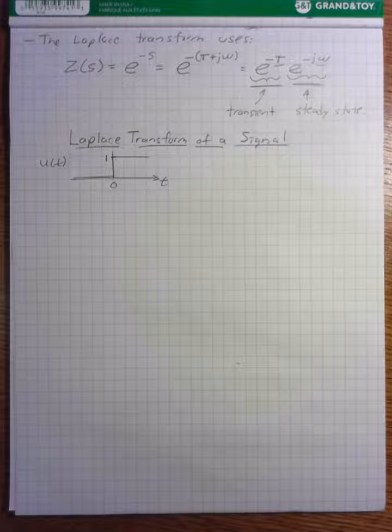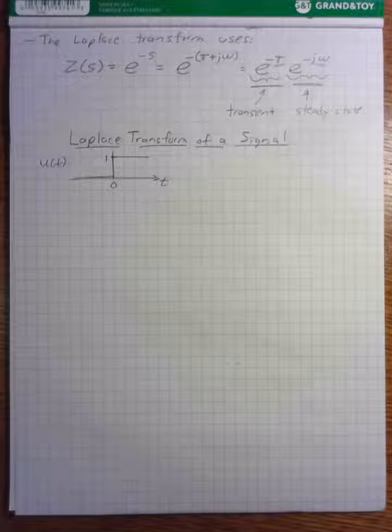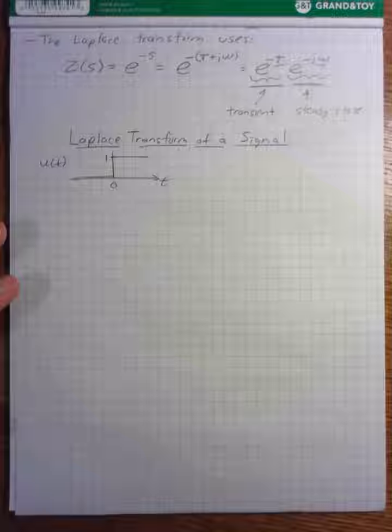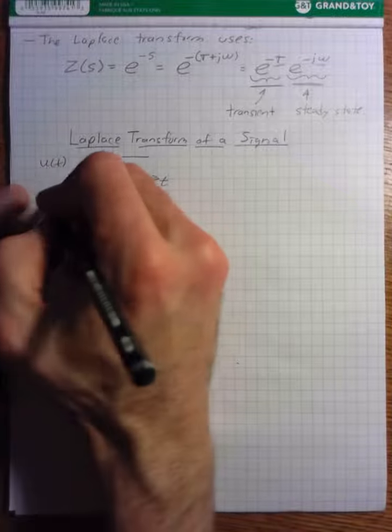As we're going to see, we don't always have to perform the integral. Later on, we're going to start to use tables where the Laplace transforms for certain important functions that we work with all the time have already been calculated, and then we just manipulate the transforms in those tables. But to get started, we'll start out with the integral.